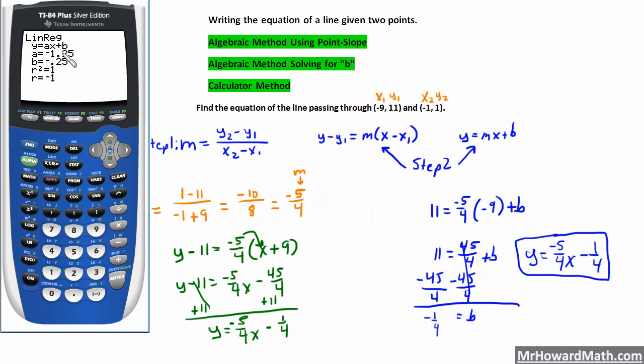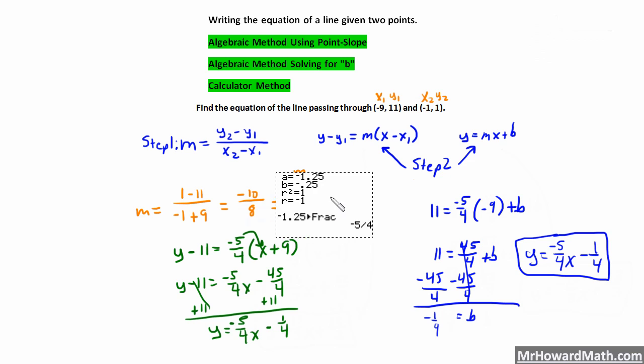Negative 1.25 is the same thing as negative 5/4, so we can prove that. Negative 1.25, math, enter, gives us negative 5/4, and of course negative 0.25 is negative 1/4. So our calculator is giving us the same answer that we got before. So let's paste that in over here.